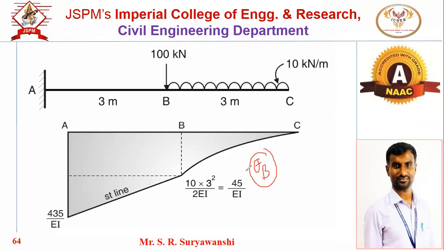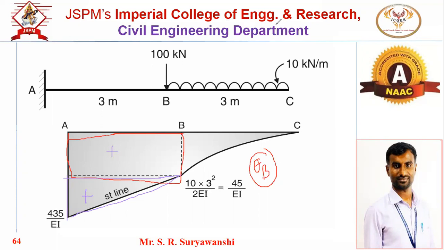Yes, for theta B, A to B. Consider the area of this rectangle plus consider the area of this triangle. If you make the summation of area of rectangle plus area of triangle, you will get theta B.